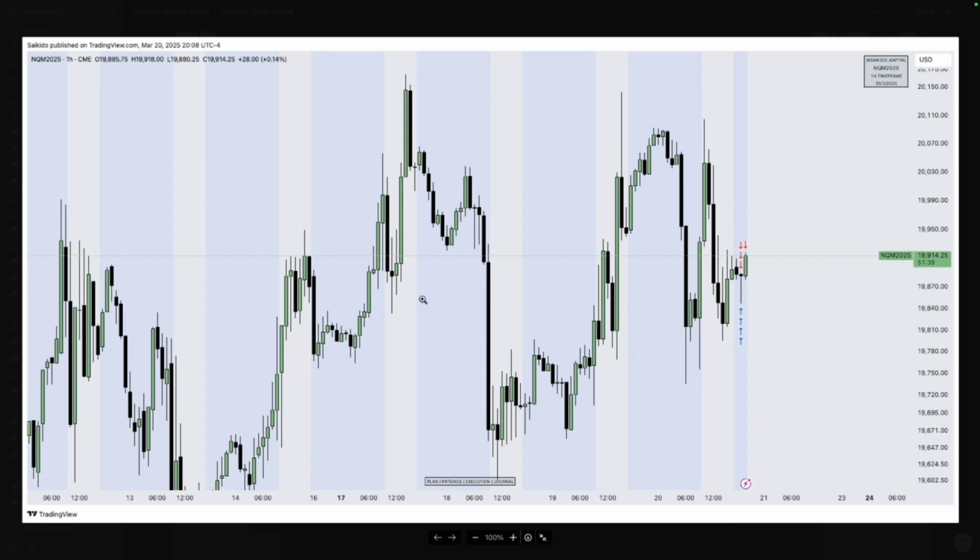Coming to the hourly chart, you can see that price is trading inside this range. This is that daily range that you saw, and this was an in-day range of trading between this daily high and that daily low. So it closed inside that.